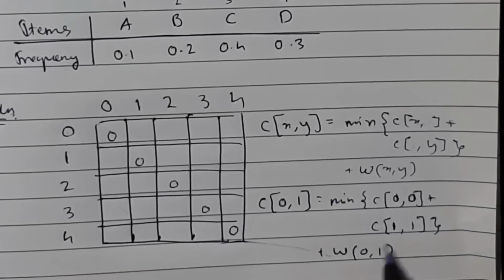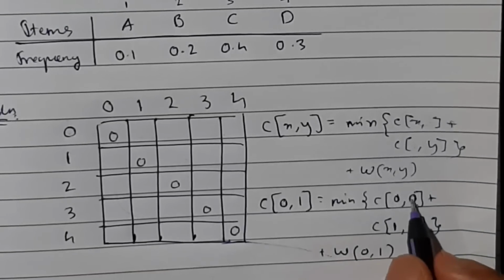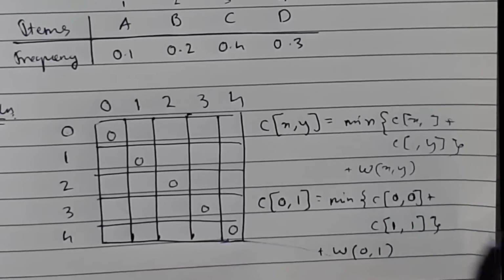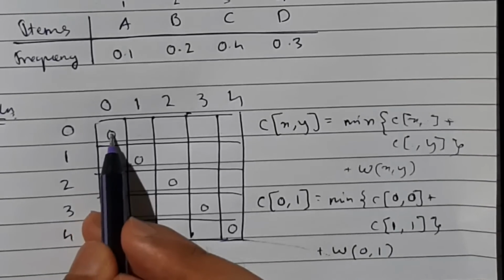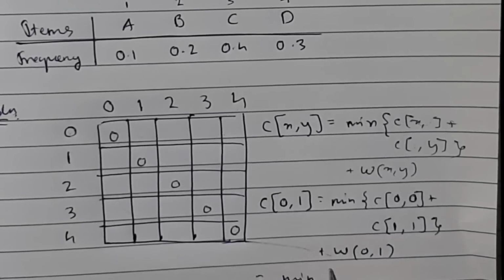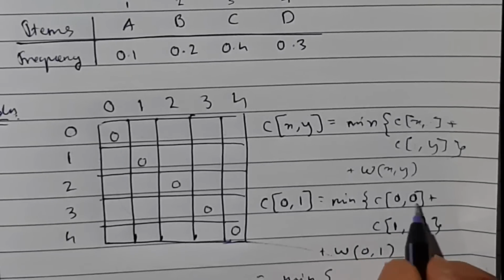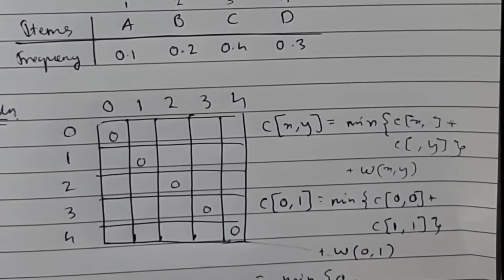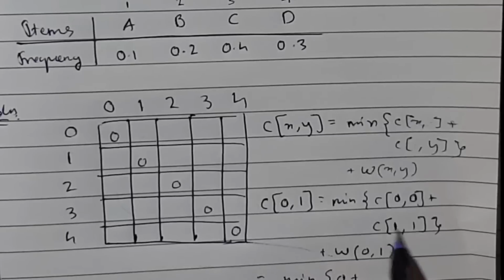So for now just listen to this: minimum of C of 0 and 0. From this table you have to find out what C of 0 and 0 is. C of 0 and 0 is nothing but 0, so I'll be writing 0 plus C of 1 and 1.